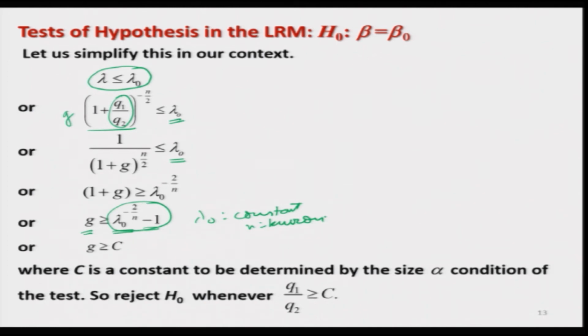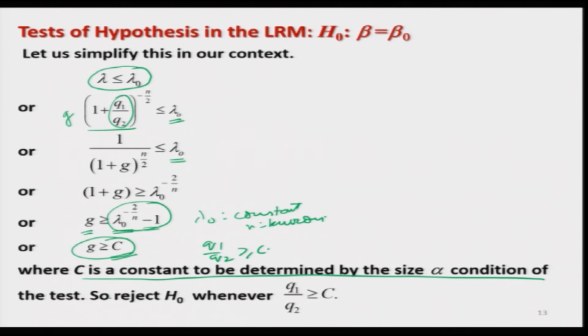I indicate it by a constant c, and I can write my rule as g greater than or equal to c, where g is q1 upon q2. And what is c? This is a constant to be determined by the size alpha condition of the test.